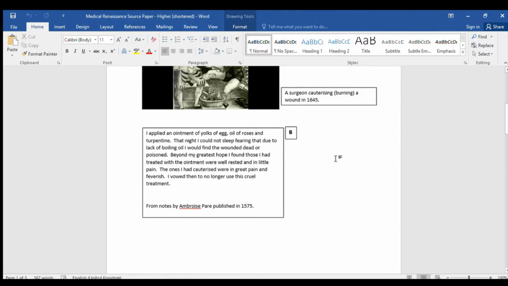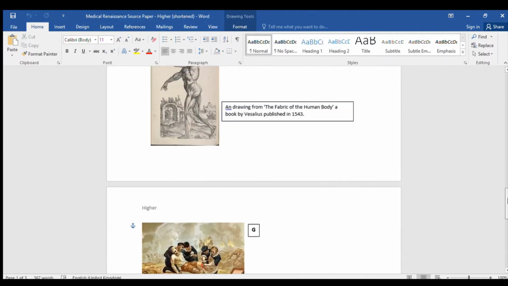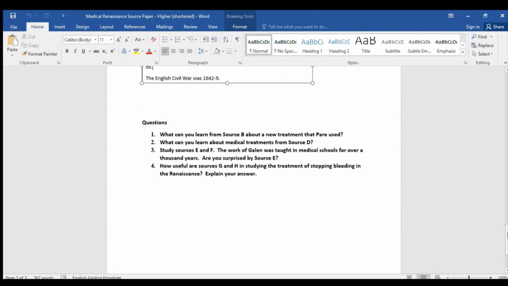They could be as simple as what was in it, what it was like, how it worked, was it better, why was it better. Anything at all you can find out from that source. You don't need to use other knowledge for this one, you're just talking about what you can learn from that source.